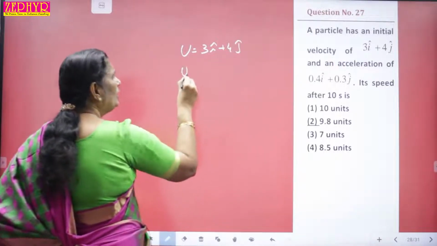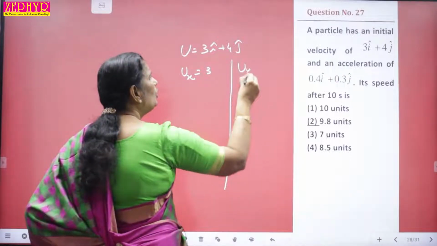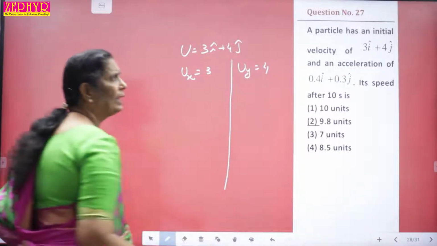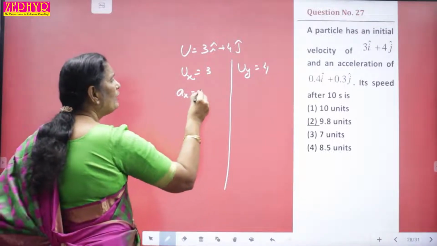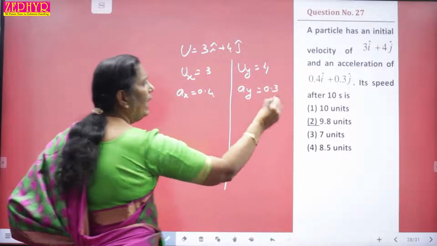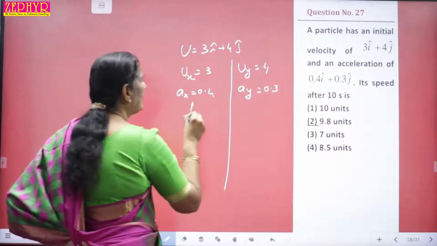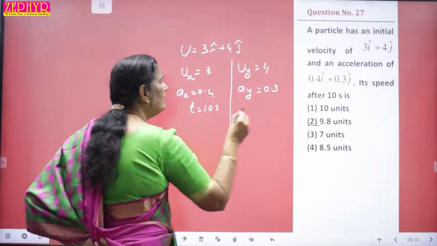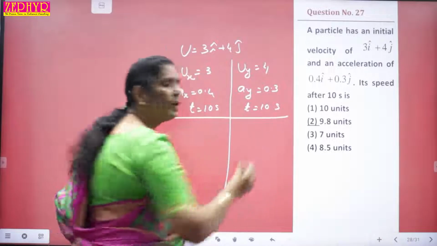That means we have to separate it: ux is equal to 3 and uy is equal to 4. And they gave the acceleration also: ax is equal to 0.4 and ay is equal to 0.3. And they want to know the speed after 10 seconds, t is equal to 10 seconds. Find the x component and y component.